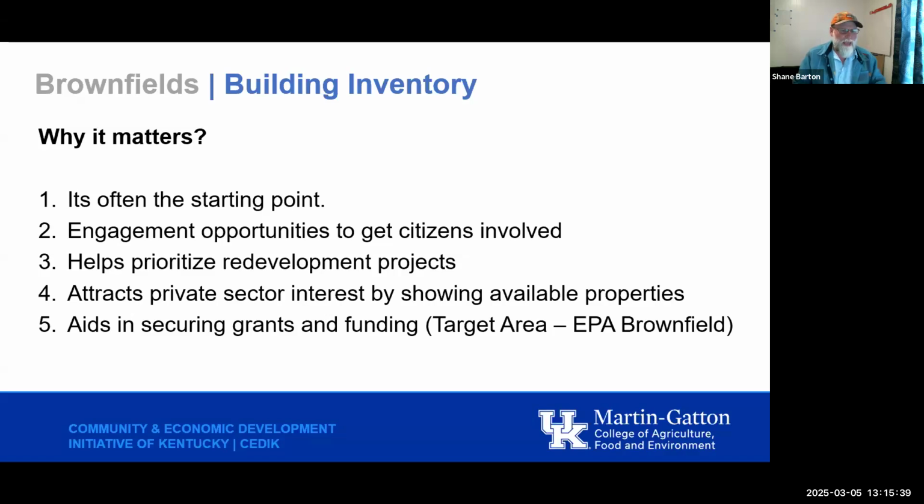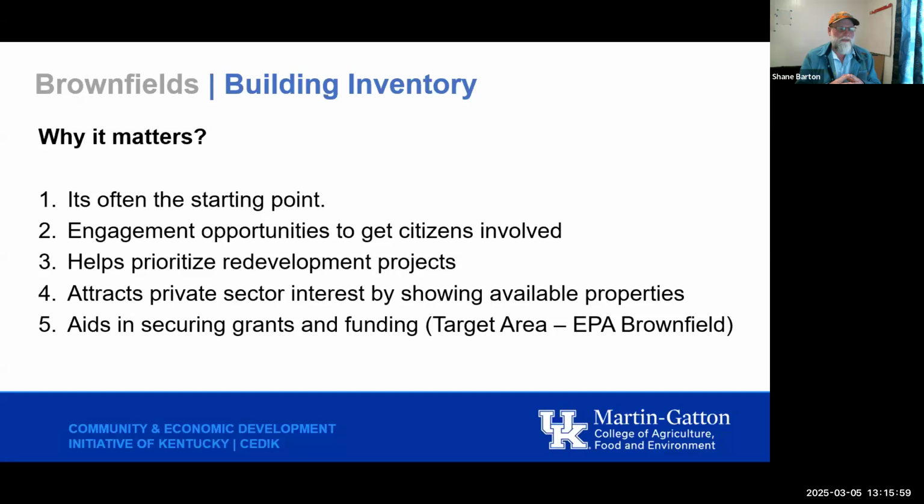But also having a list of available properties can help us attract private sector interest or outside investors, because being able to show available properties matters. For example, the state has a list of available sites for industrial investors, industrial park users.